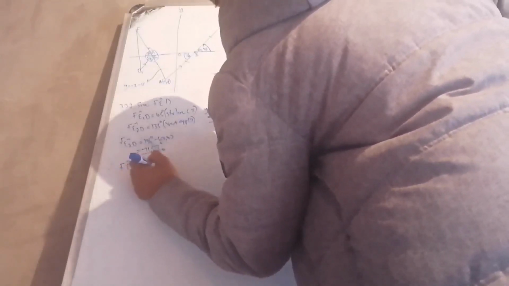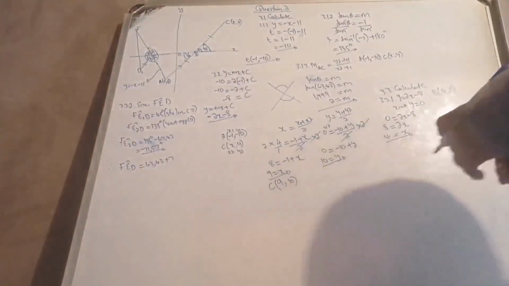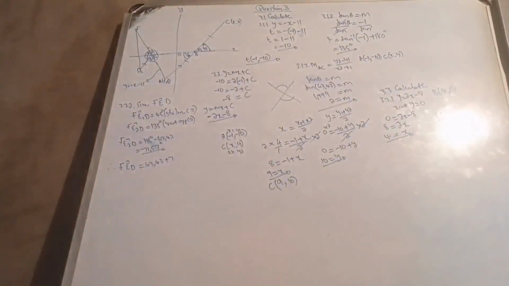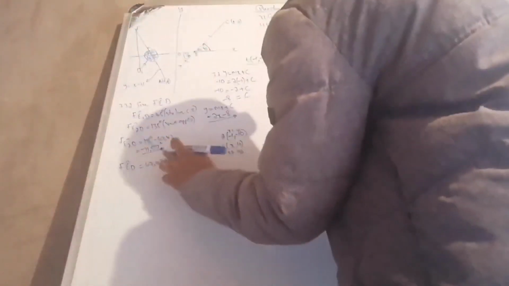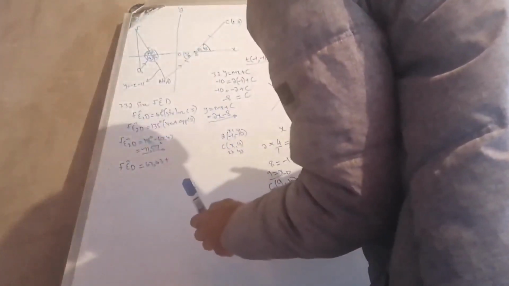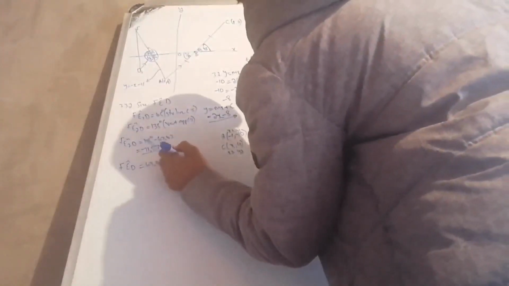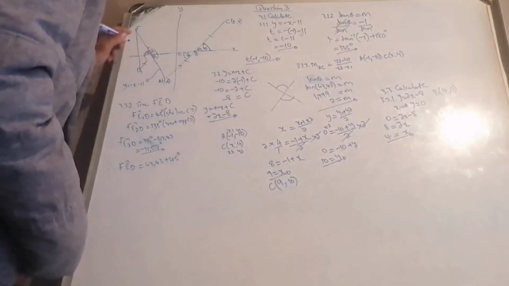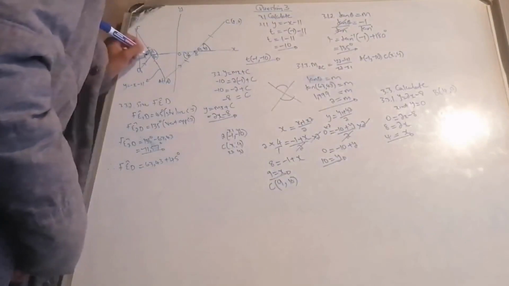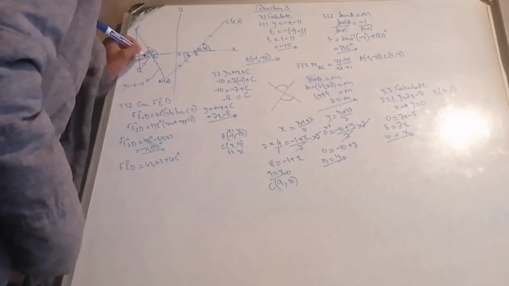And therefore, FED must be equal to 63.43 plus, it's not going to work. Plus 45. Yes, plus 45. So I'm going to say 63.43 plus 45 degrees. Because look, I now have the angle here as 71.57.